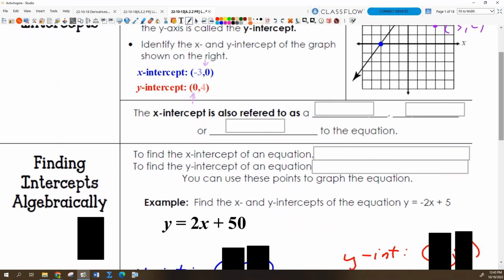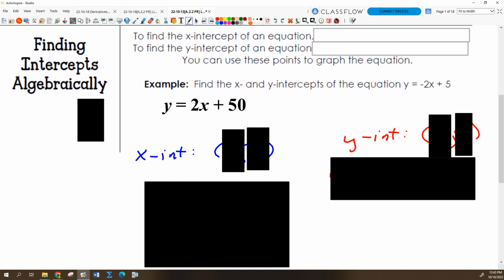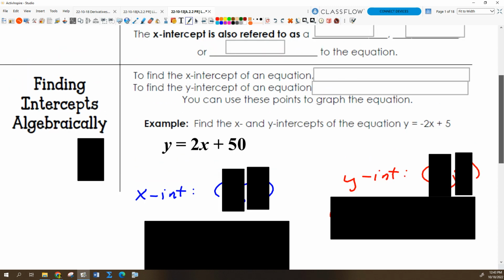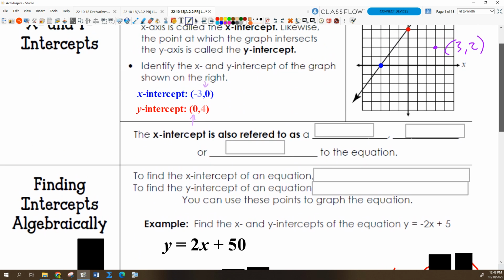So then we can use a strategy related to this idea that we just reviewed. If I want to find the x-intercept of any equation, so if I've got an equation of a line in any form and I want to find where the x-intercept is, how could I do that? What has to be happening at the x-intercept? Karma, what happens at every x-intercept, what did we say?